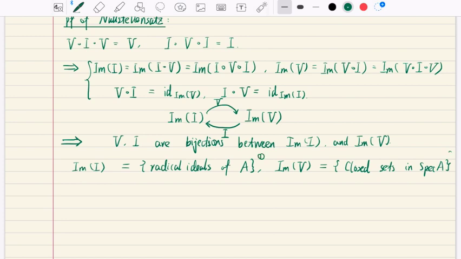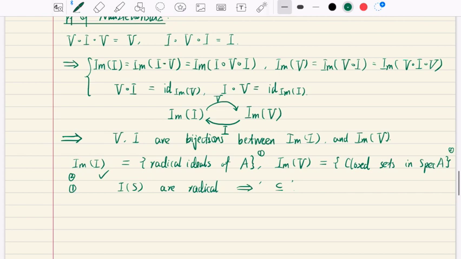argument. First, the second is just obvious by the definition. For the first one, we can see one direction is easier because we have seen all images of I are radical, which proves this direction.